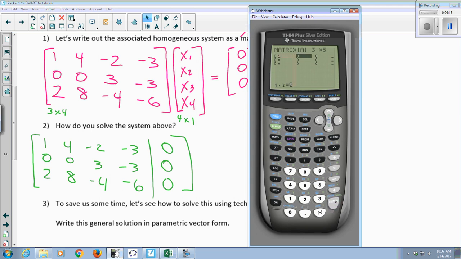So I've got 1, 4, -2, -3, 0. Next row, 0, 0, 3, -3, 0, and 2, 8, -4, -6, 0.